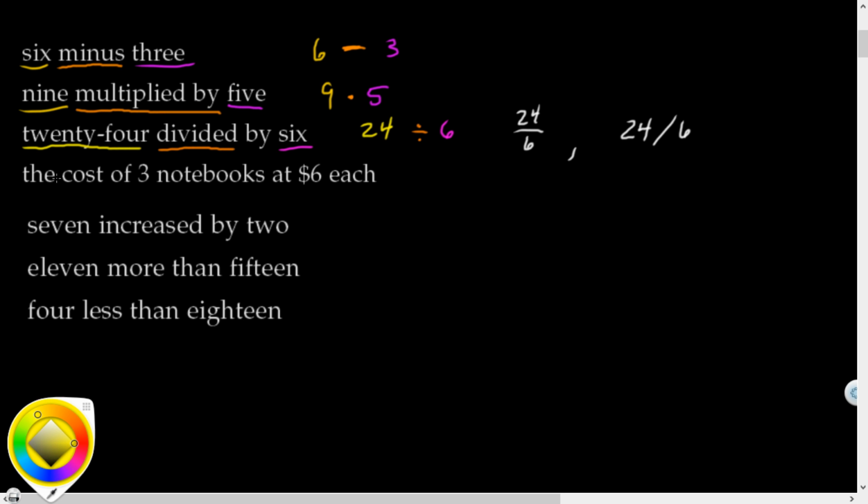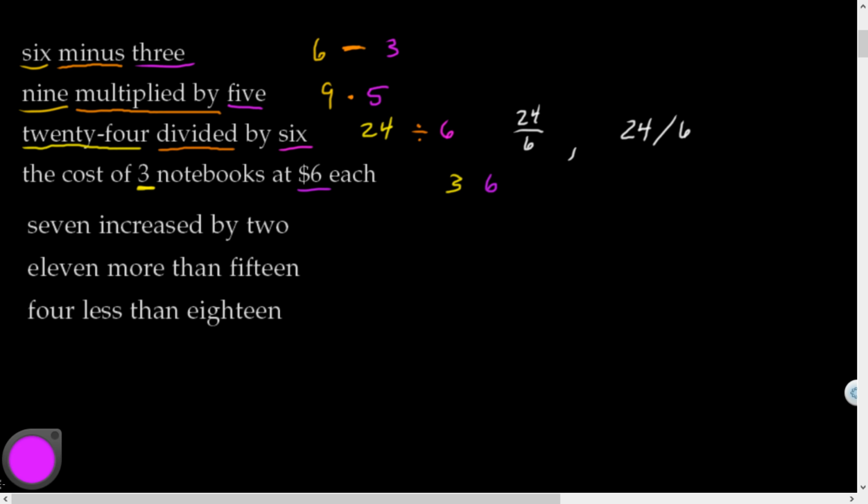Ooh, oh boy. The cost of 3 notebooks at $6 each. Oh my goodness. This is complicated. Cost of 3 notebooks at $6 each. Does anyone have any guess what operation is at play? What am I even doing with these numbers? If I have 3 notebooks that are $6 per, 3 times 6, I agree.